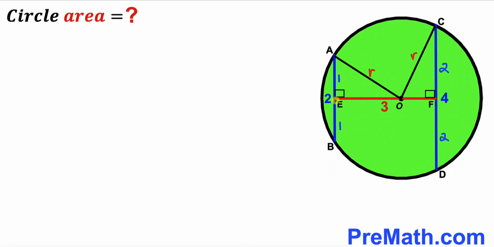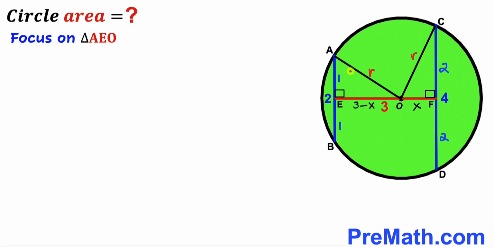We know this segment EF length is 3. I'm going to label this tiny segment OF length as x. Then the remaining segment OE length is going to be 3 minus x.